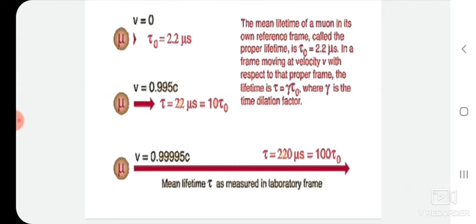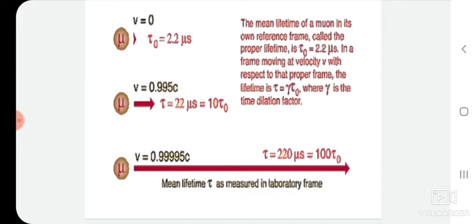Next, the mean lifetime of a muon in its own reference frame, called the proper lifetime, t naught, is equal to 2.2 microsecond. In a frame moving at a velocity v with respect to that proper frame, the lifetime t is equal to gamma times t naught, where gamma is the time dilation factor.